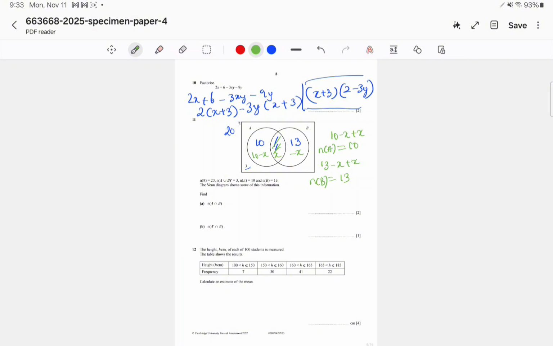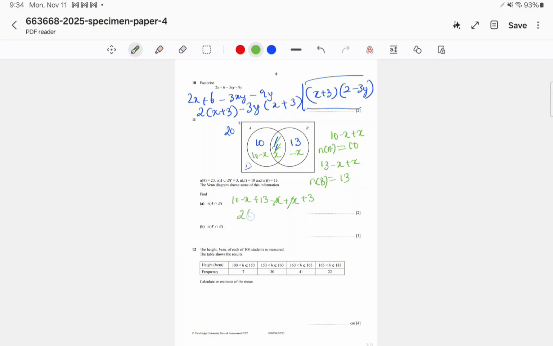Okay, so how will we find out? It is 10 minus x plus 13 minus x plus x, since intersection alone they are asking, plus x, then this 3, we have to include. So x minus x gets cancelled, so it is 13 plus 3 plus 10.